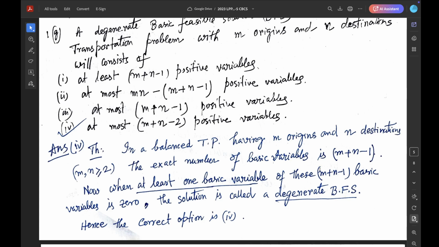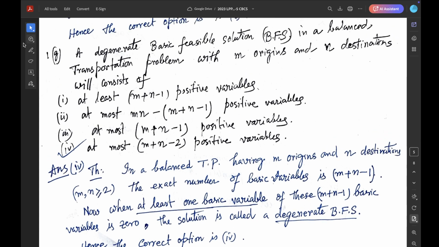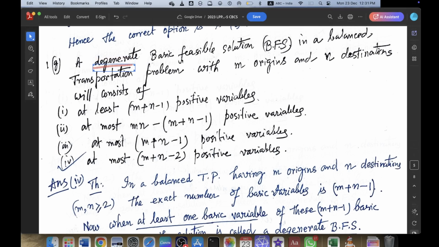So at least one is 0, so at most m plus n minus 2 positive variables, and this solution is degenerate. So for a degenerate basic variable solution, we have at most m plus n minus 2 positive variables. Correct option is 4.